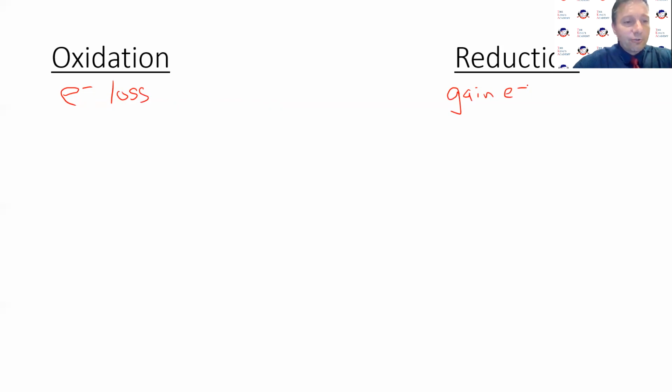So let me write another reaction right here for us. I have manganese oxide, MnO4 minus, plus iron, Fe, reacts to form iron 3 plus and manganese 2 plus.